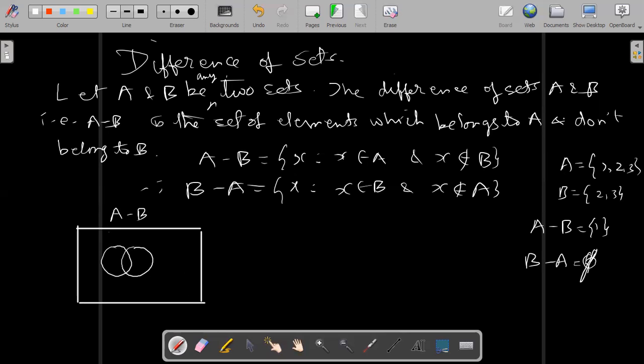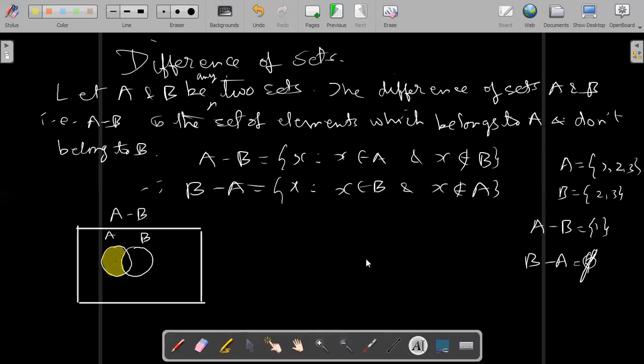They must have some common element. So A minus B. From A you have to remove the elements of B. This portion should be removed. So only this portion should be shaded. Got it? Because B portion is to be removed. This shading will show what you want to show. Only A minus B is this one.